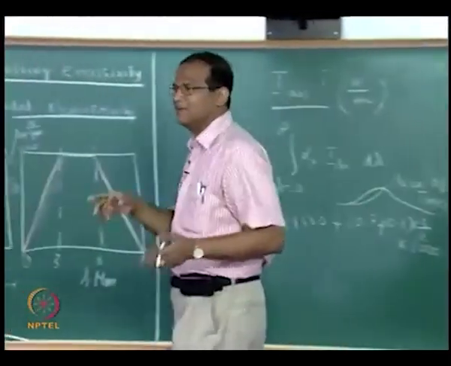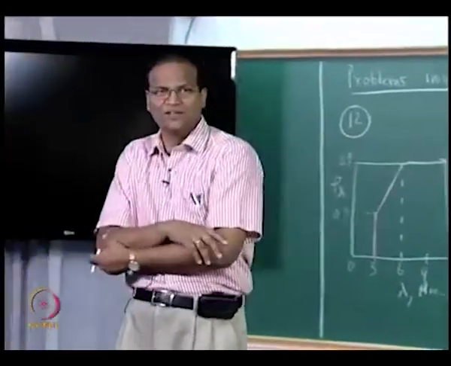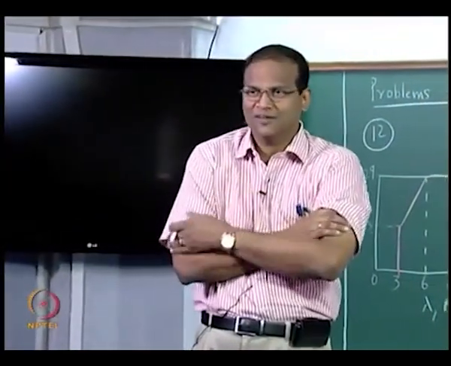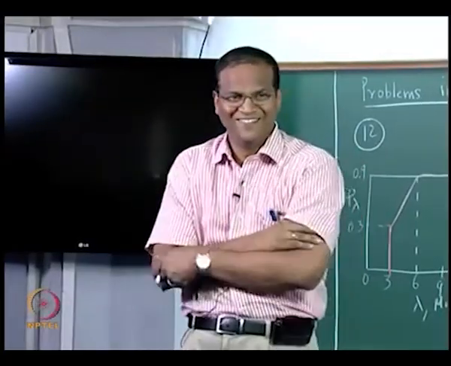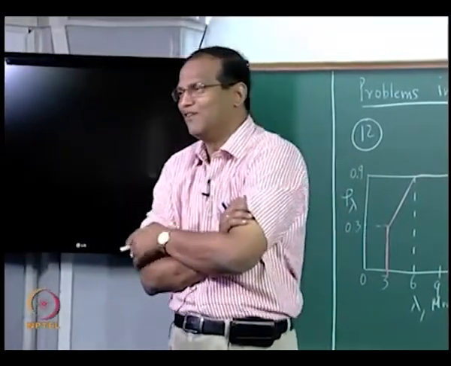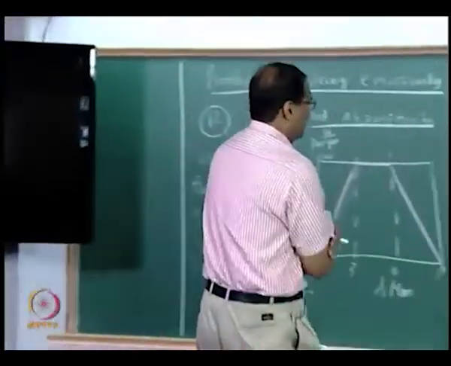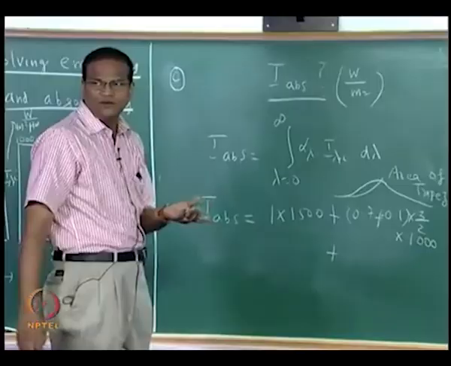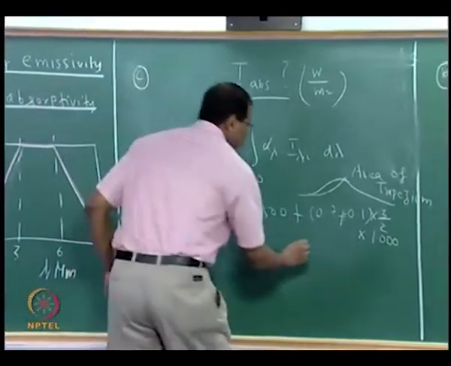It can be done, but there is scope for making mistakes. But the goal in any exam is not to find out what you don't know. Sometimes it becomes the goal, but generally the goal should be to find out what you know, right? Plus the last one is 0.1 into 1500, very good.